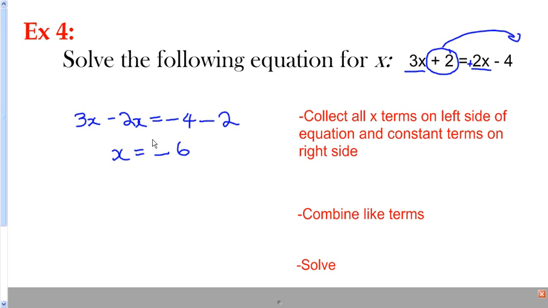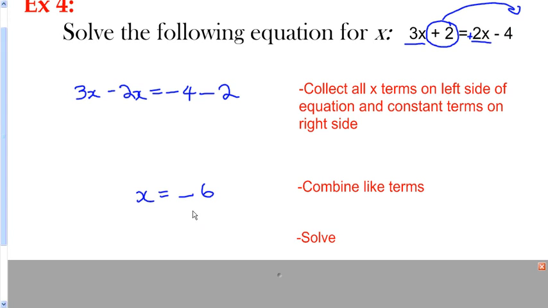Sorry, that should be this step here, down in the collect like terms part. And then we solve. Oops, jumped a little bit too far there. Okay, and actually that is my solution. So the final answer then is x equals negative 6. Apologize for the shaky handwriting there.